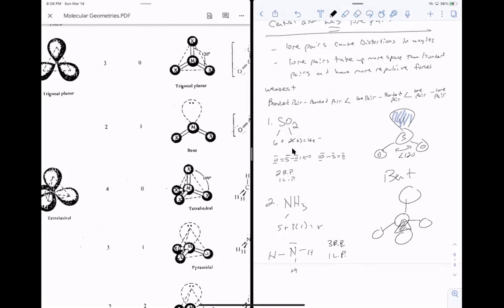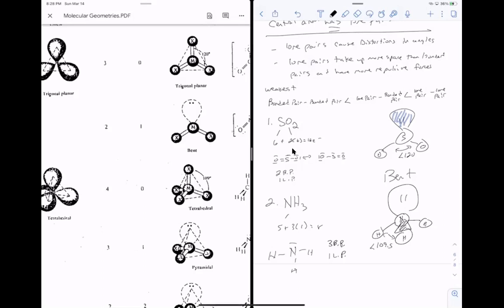And then what we do is we remove one of our bonded pairs. When I do that, there's my nitrogen followed by my 3 hydrogens. Again, that's where my lone pair is, but I don't need to show that. The angles for these were 109.5 when it was tetrahedral.